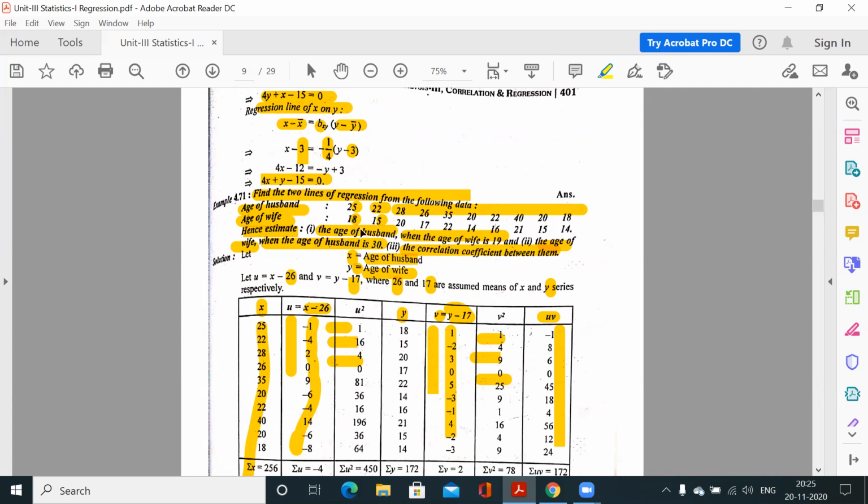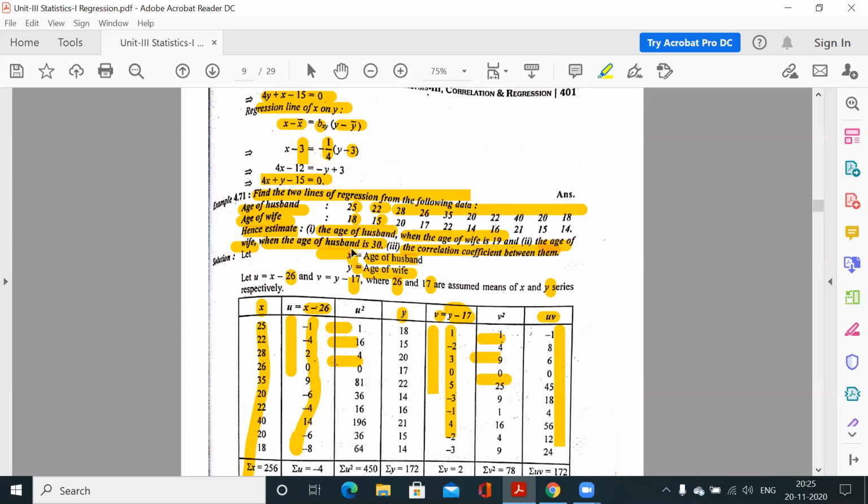The age of husband corresponds to the variable x. We have to predict x, and y is given, so corresponding to the given y, we have to predict x. According to the variable we have to predict, we choose the equation.